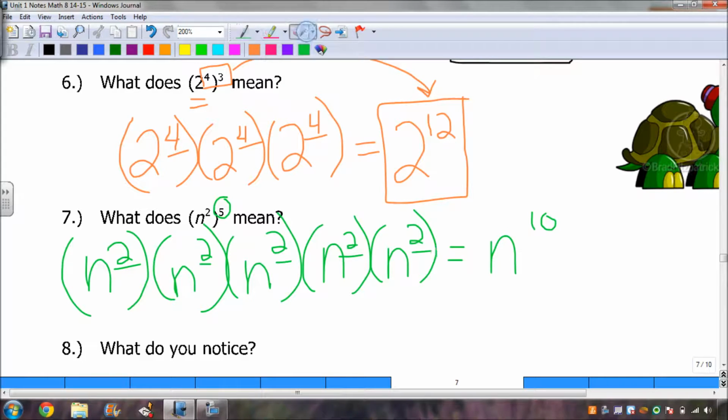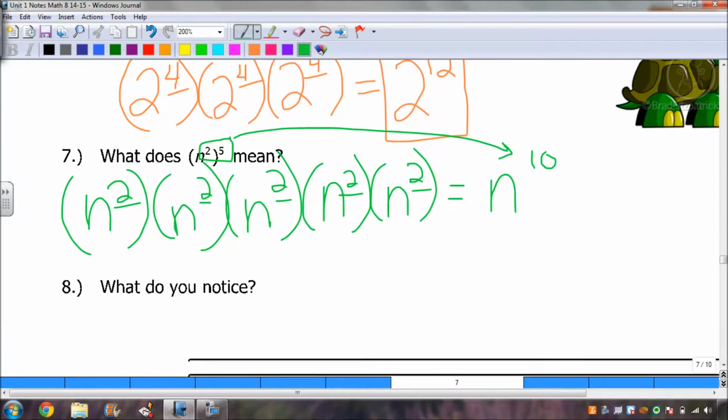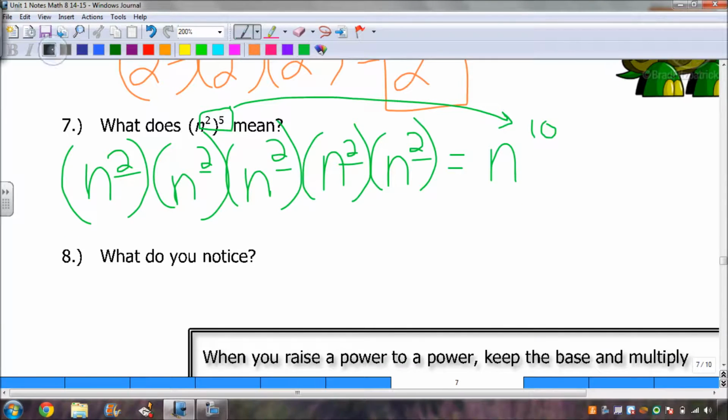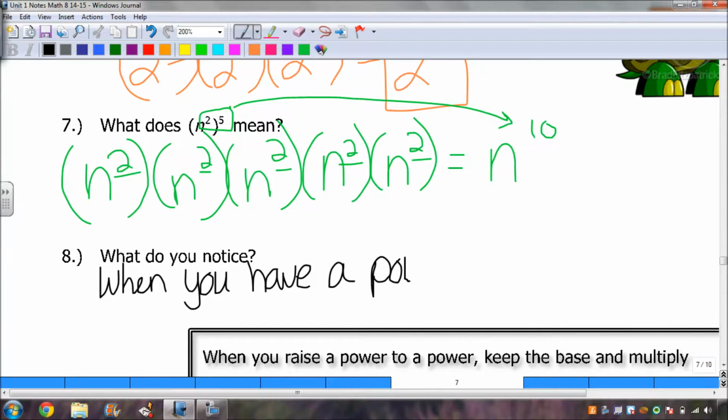Did the shortcut that you thought we should use work? What could you do with the 2 and the 5 right here to get this 10? Hopefully you notice that whenever you have a power raised to a power, I'll explain to you what that means in a second.